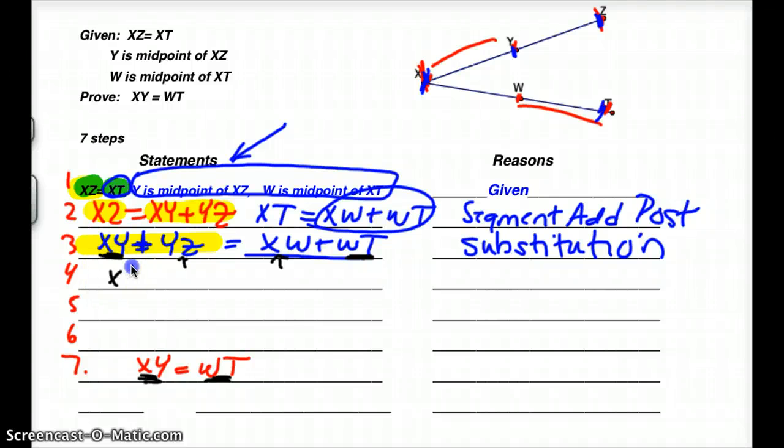I'm going to write xy equals yz. Now I have two midpoints, so I'm going to write them both on the same line. W is the midpoint of xt. So W is the midpoint. So I'm also going to have xw equals wt, and that's definition of midpoint.